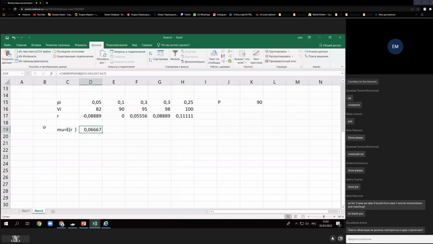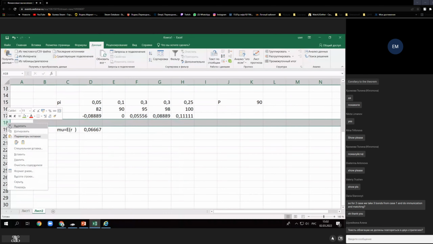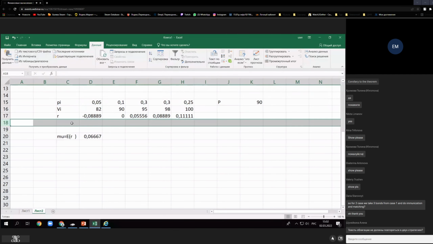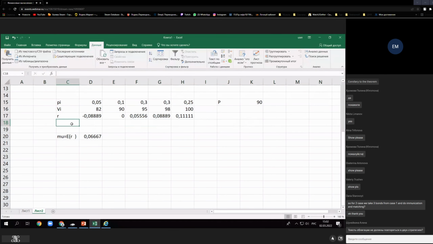So how to estimate the risk? To estimate the risk, you should calculate the variance. If you have the probability distribution, you should calculate, first of all, squares of deviation from expected return. So like this: return minus expected return, power 2.